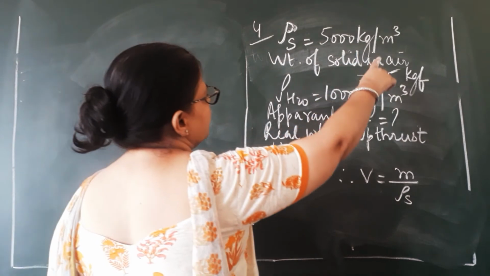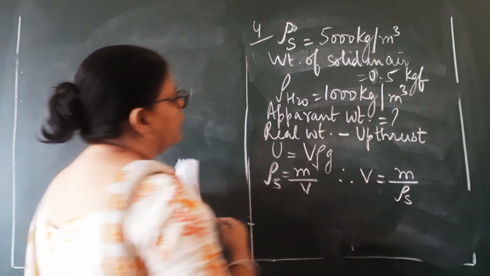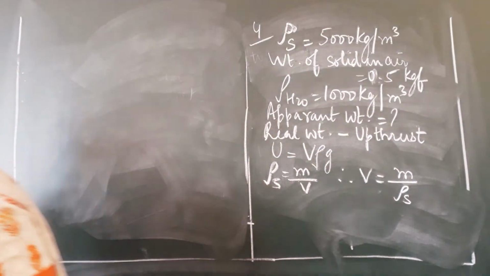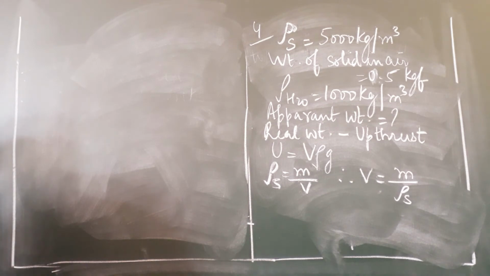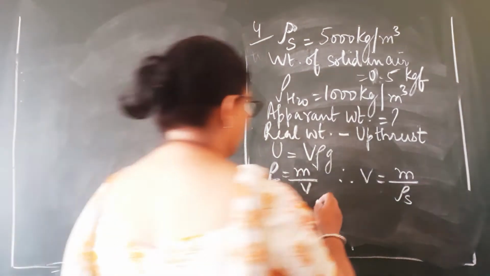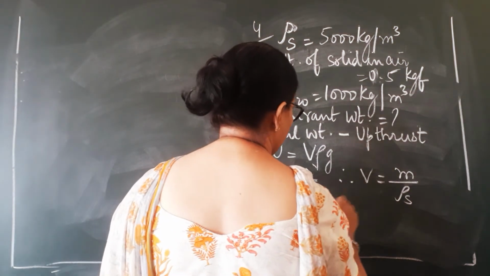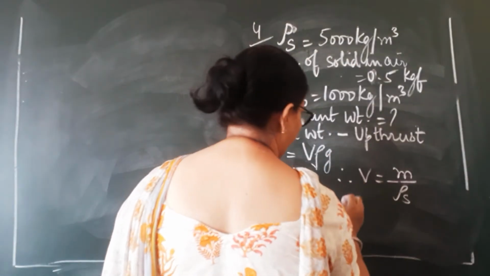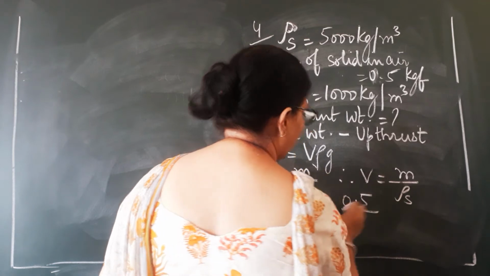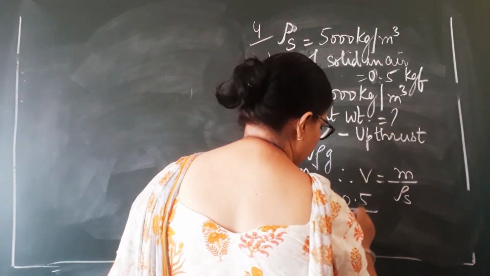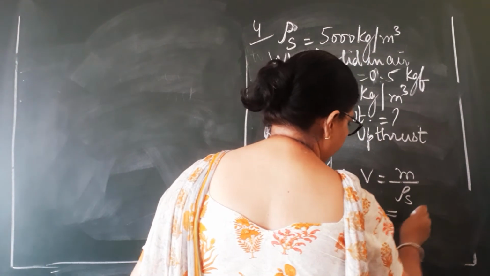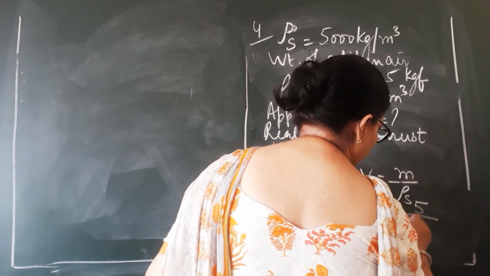What's the mass of the solid? It is equal to 0.5. So therefore volume is mass, 0.5, upon what's the density of the solid? 5000. Let's remove the decimal. It will be 5 upon 50,000.